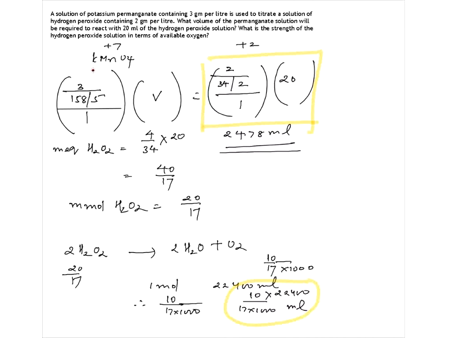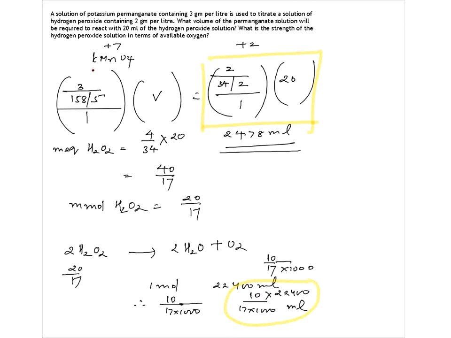So I need normality. And the problem is that this is a redox reaction. The reaction of KMnO4 with hydrogen peroxide is a redox reaction. Always remember one thing about hydrogen peroxide. There are substances that are oxidizing agents, there are substances that are reducing agents.